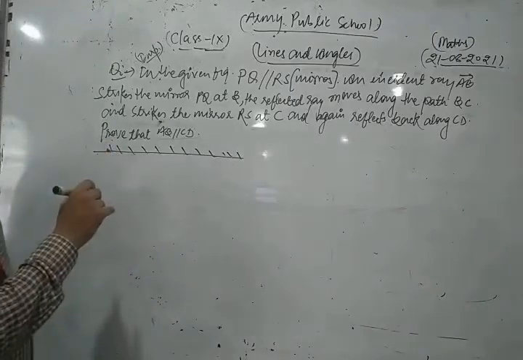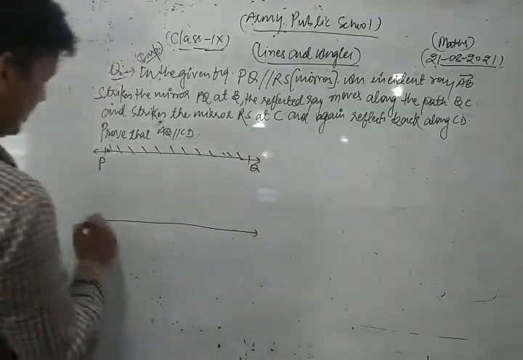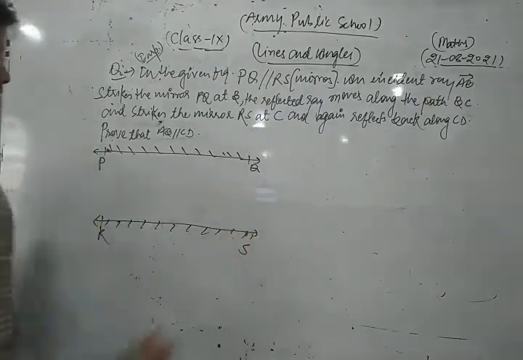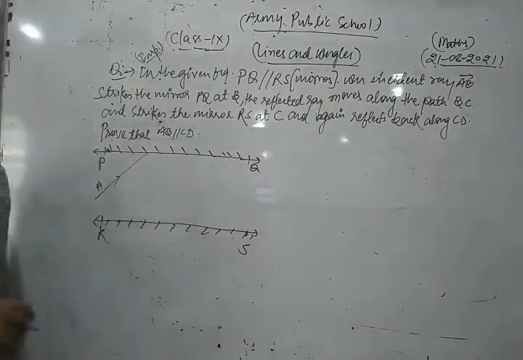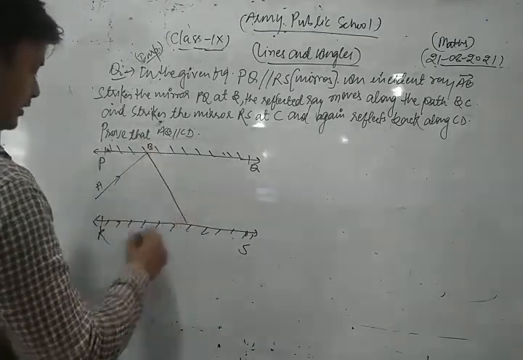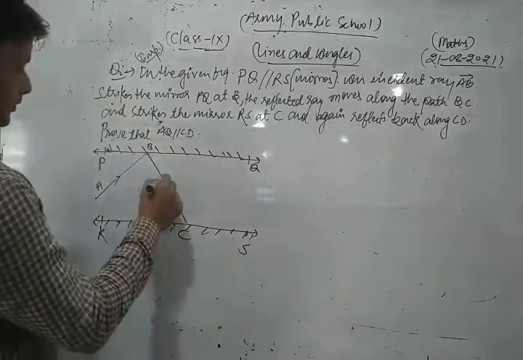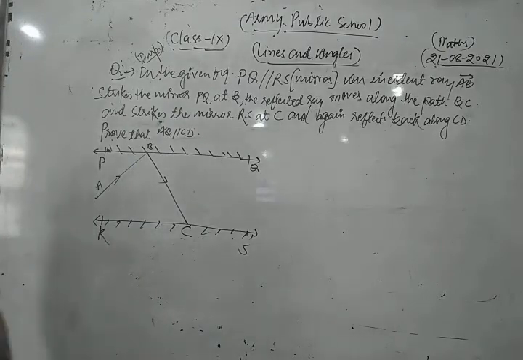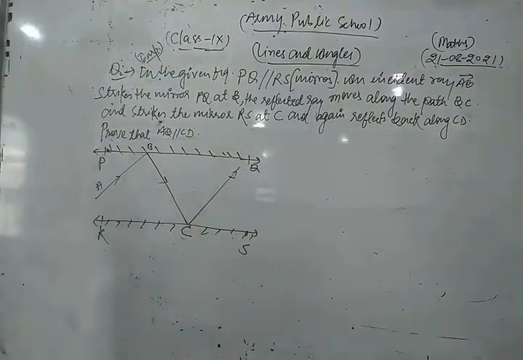This is P, this is PQ, and RS with the mirror, and an incident ray strikes PQ at B, then is reflected back and strikes RS at point C. Now again it is reflected back and goes through the path CD.